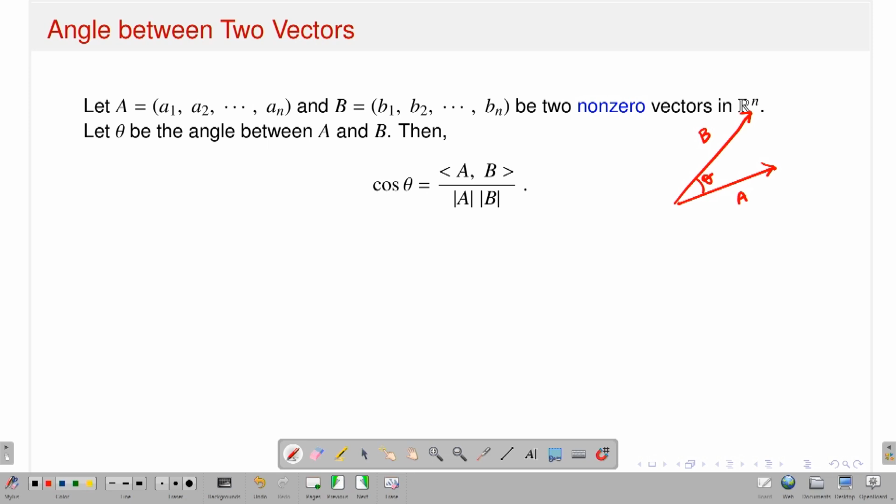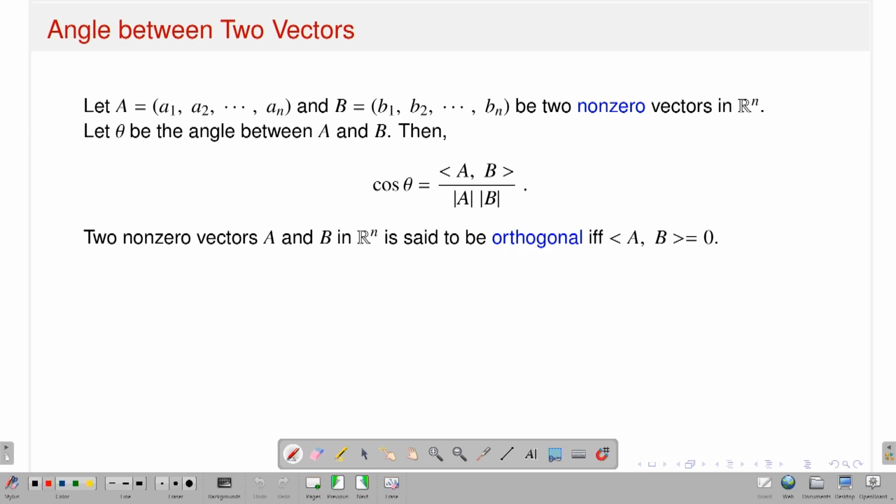This angle theta satisfies cos theta equal to the dot product of A and B divided by modulus A into modulus B, that is, the magnitudes of A and B.